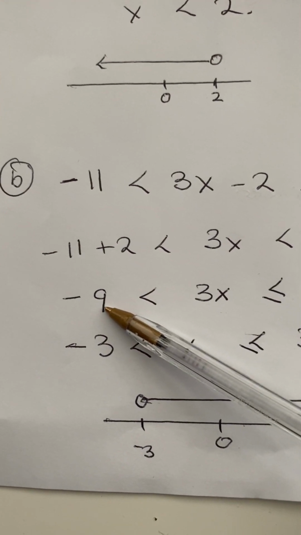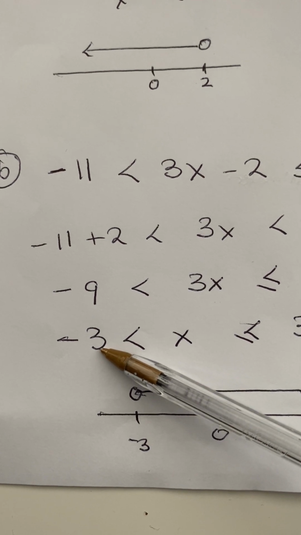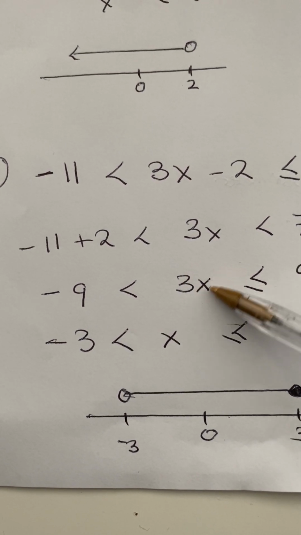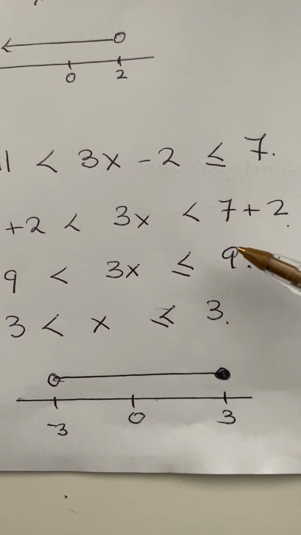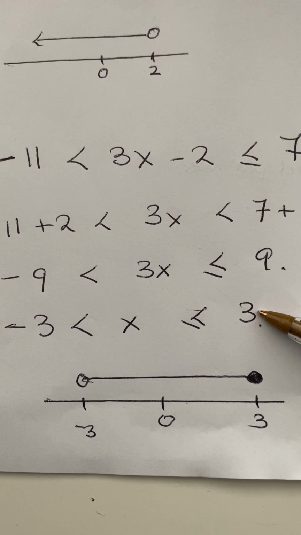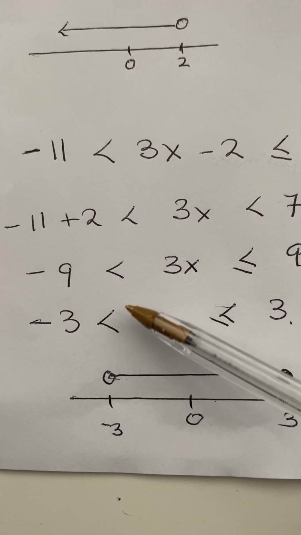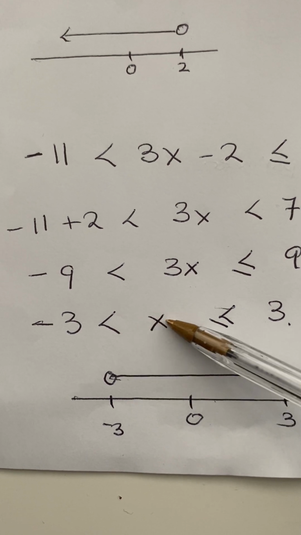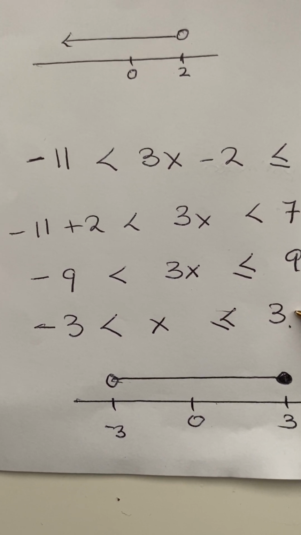If you divide minus 9 by 3, you get minus 3. 3x divided by 3, you get x. 9 divided by 3, you get 3. So now your inequality is minus 3 less than x less or equal to 3.